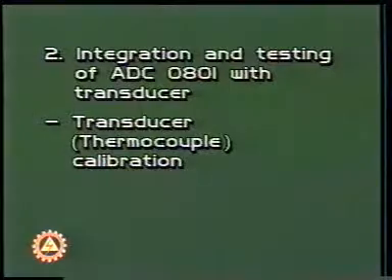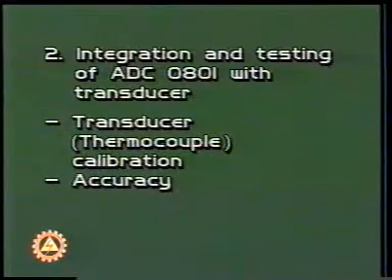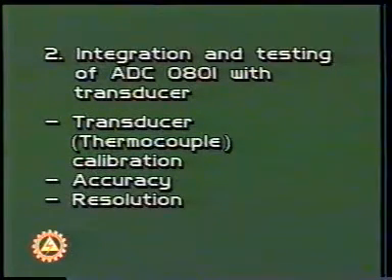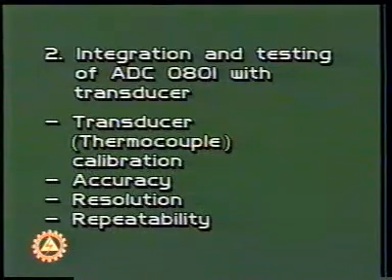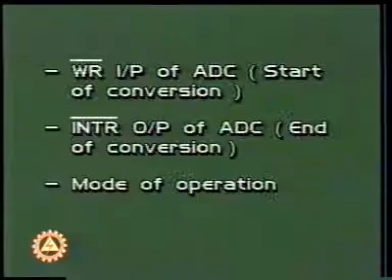In the second step, we integrate and test the analog to digital converter ADC 0801 with the transducer. The temperature transducer is calibrated in the specified temperature range. We also analyze the accuracy, resolution and repeatability of the transducer critically.